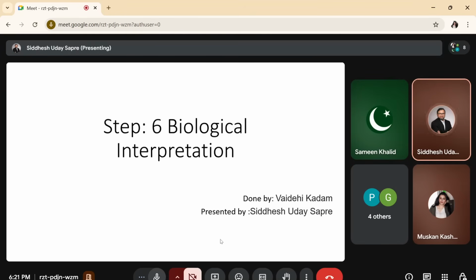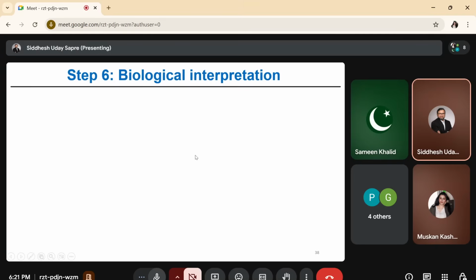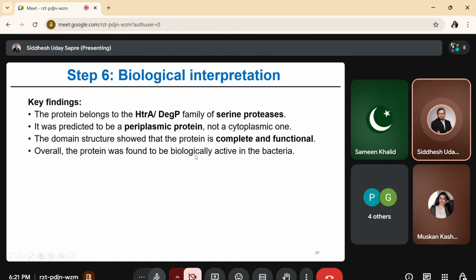I will continue with step 6, which was biological interpretation. This step was performed by Vaidehi. In the biological interpretation, the key findings were that the protein belongs to the HTRA or DECP family of serine proteases.